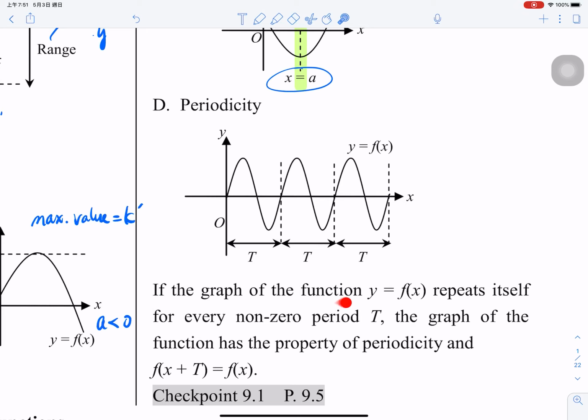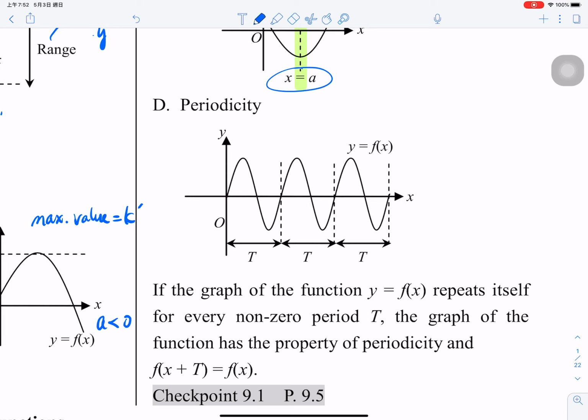If the graph of the function y equals f(x) repeats itself for every non-zero period T, the graph of the function has the property of periodicity and f(x + T) equals f(x). That means after T period, then repeat the value.